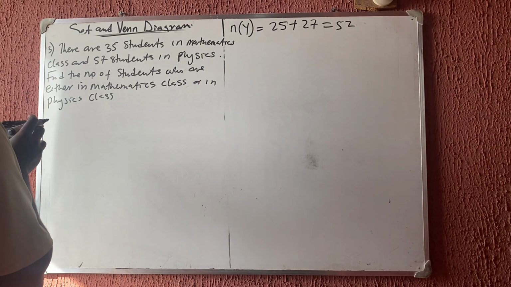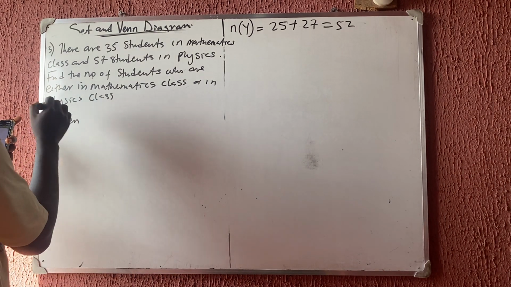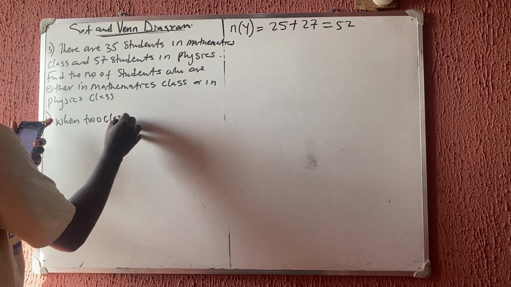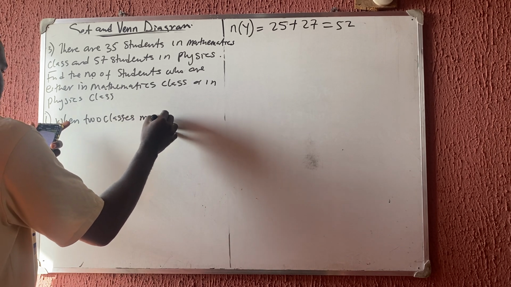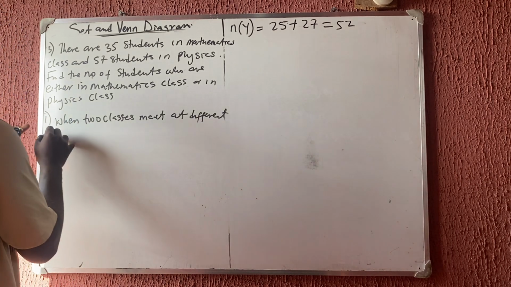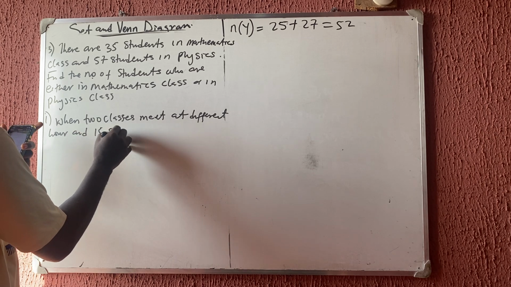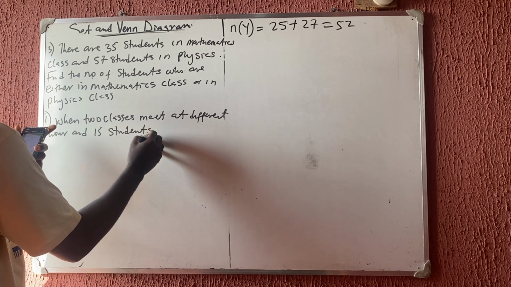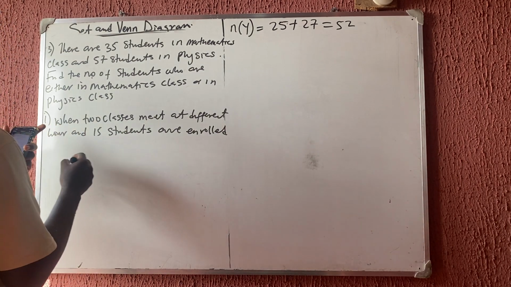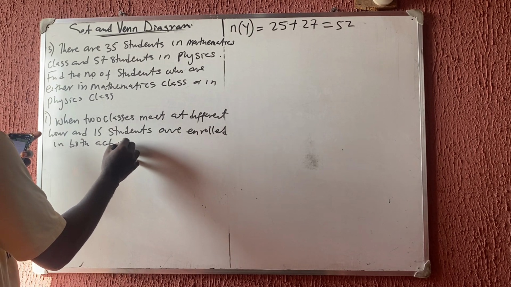Okay, they now give a condition. The first condition they gave: when the two classes meet at different hours and 15 students are enrolled in both classes, in both activities.